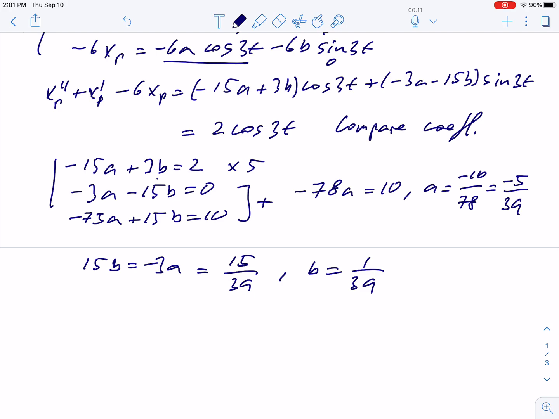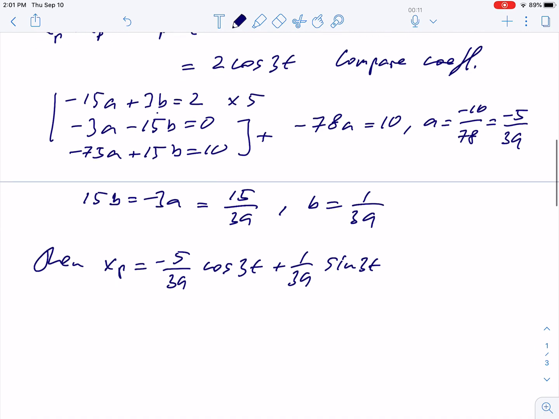We found a and b. Now we can construct our particular solution. This will be negative 5 over 39 cosine 3t plus 1 over 39 sine 3t. And this is the end of step 2.